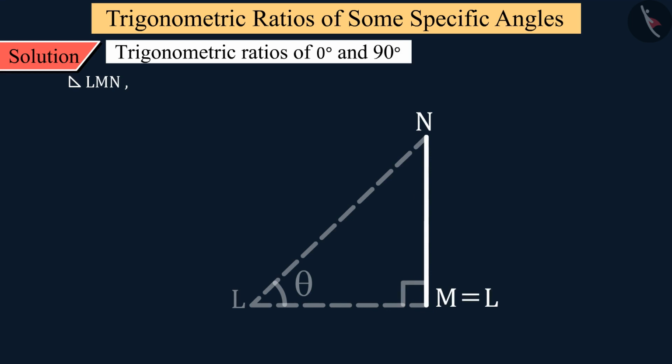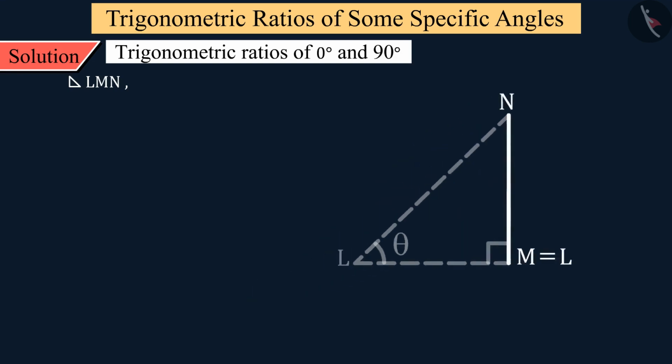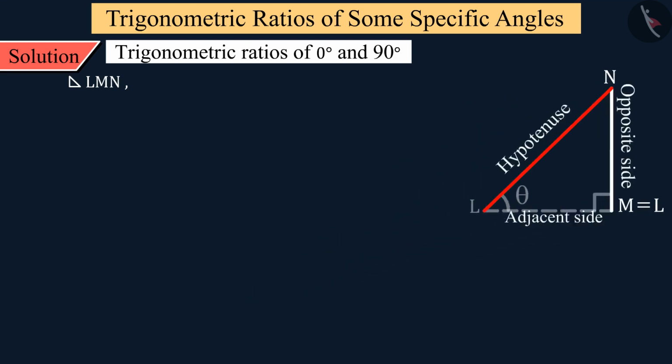And finally, we see that point L comes so close to point M that the angle theta is very close to 90 degrees. And at the same time, the value of angle N is also almost 0 degree, where side LN coincides with side MN.